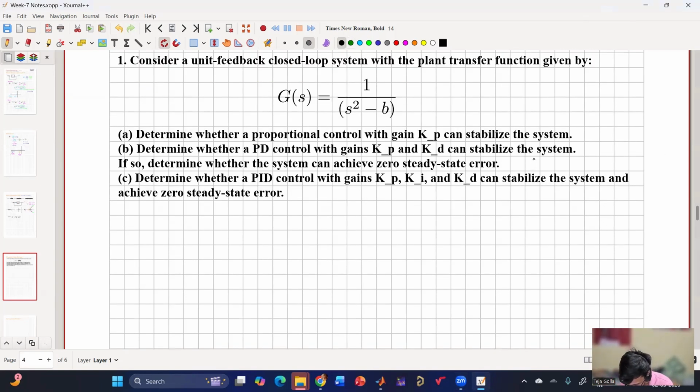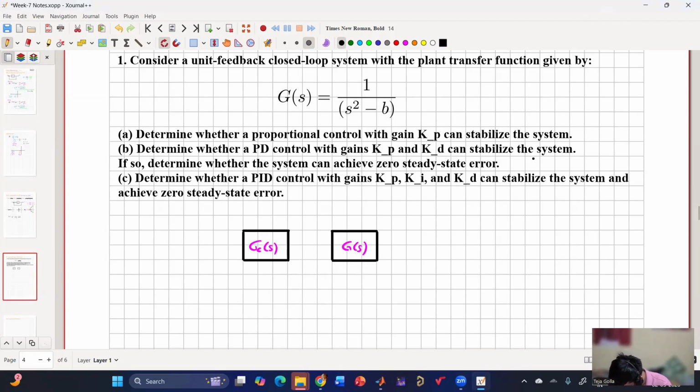So let me draw the closed loop diagram. So I have a plant transfer function G. This is the controller transfer function Gc(s). This is the plant transfer function G(s).